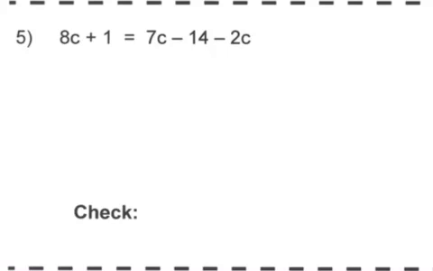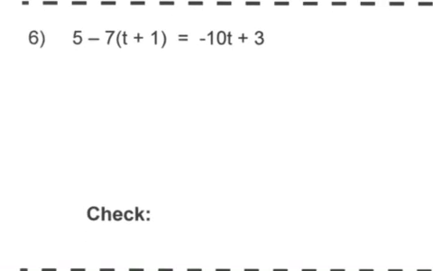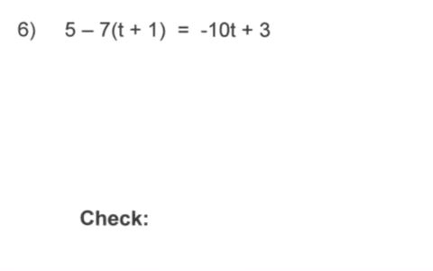Lastly, we have something in parentheses first. Anytime we have something to distribute across the parentheses, we have to clear those parentheses. We have to do the distribution first. So, first step is going to be 5 plus a negative 7t plus a negative 7.